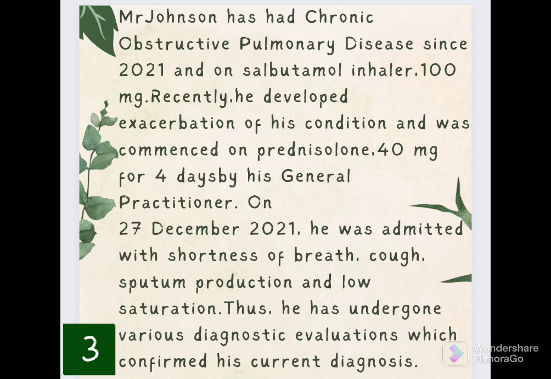No need to write all diagnostic evaluations also, because they didn't mention in which diagnostic test they confirmed the diagnosis. So it's okay, we can write like this, which confirmed his current diagnosis. All diagnostic evaluations we can include in that. Again, no need to write infective COPD. Simply we can write confirmed his current diagnosis.